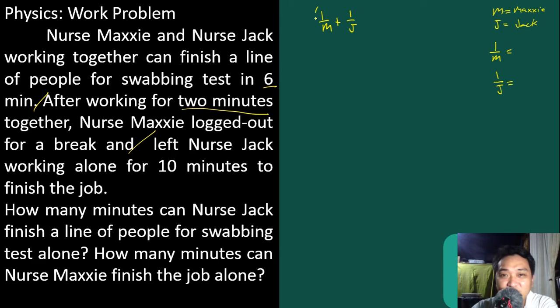So together, they could finish a line of people for swabbing tests in 6 minutes. So they could finish one complete job in 6 minutes, times 6 minutes.